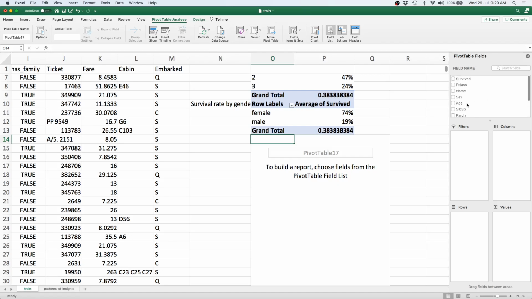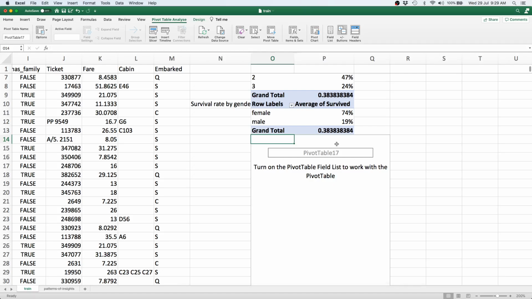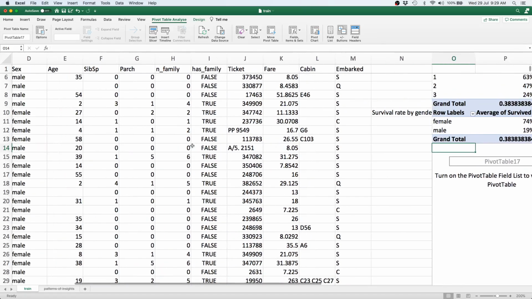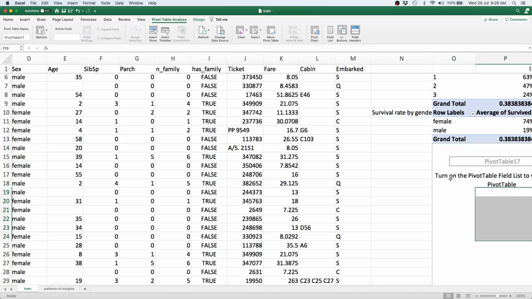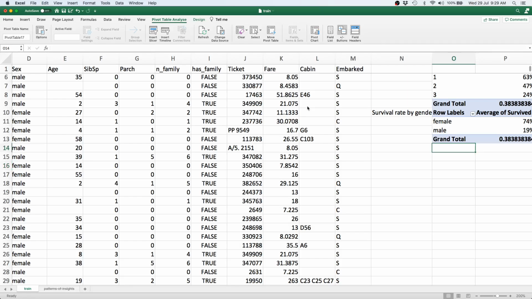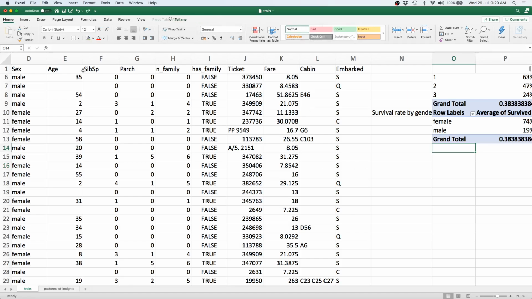Well, it seems like those particular columns are not showing up. So let's see what went wrong with our selection. Let's close this and delete this particular pivot table. Well, instead of pressing the delete key, we can just press the undo key to make this work.